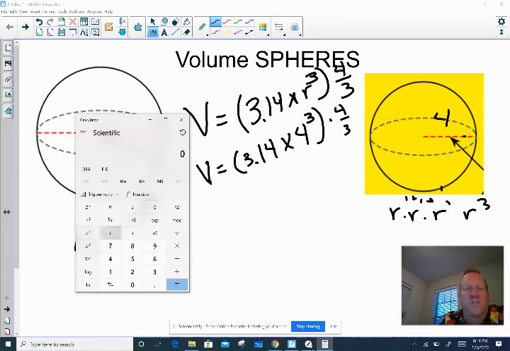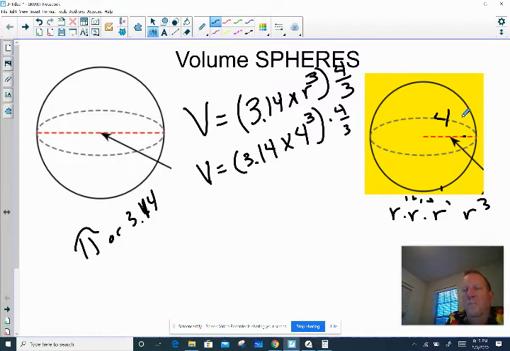So the first thing is I need to use parentheses. And remember, it's important to use parentheses. So parentheses 3.14 times 4 raised to the 3rd power, close my parentheses, times 4 divided by 3. Look at that. I have a volume.